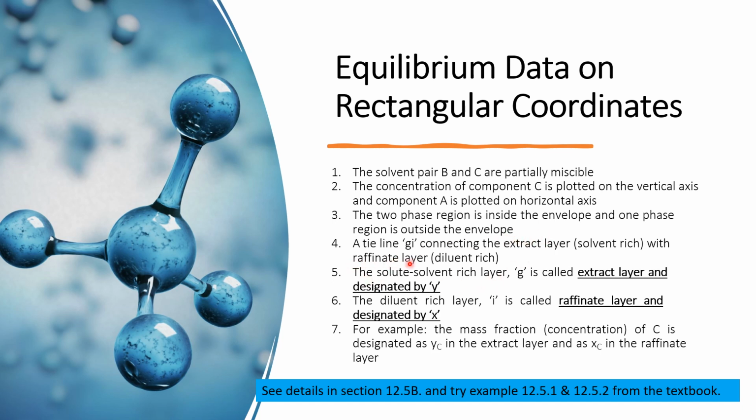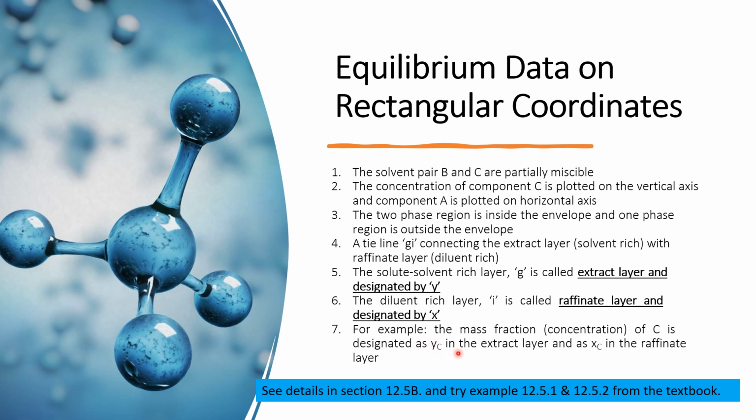A tie line GI connects the extract layer, which is solvent rich, with the raffinate layer, which is diluent rich. The solvent-rich layer G is called the extract layer and designated by Y, while the diluent-rich layer I is called the raffinate layer and designated by X.